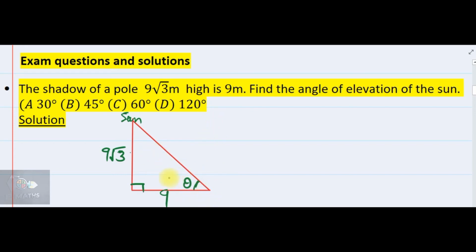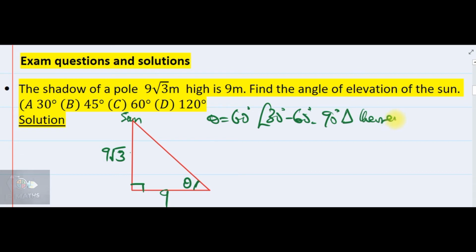As you can see, this is 9√3 and this is 9. This is theta. Without wasting time, using our 30-60-90 triangle theory, theta is 60 degrees.